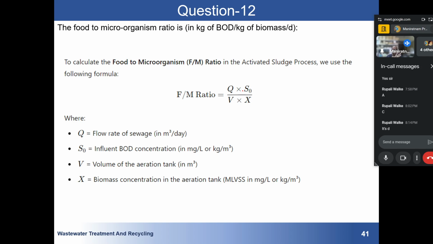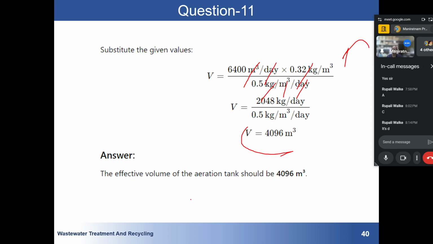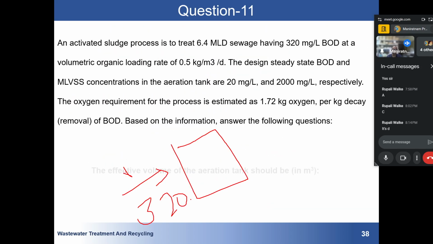We cannot measure directly how much organic matter is there. This is very general practice, BOD, COD. So we have measured BOD, and we have the volume of the aeration tank, and X is the biomass concentration in the aeration tank, or MLVSS, in milligram per liter or kg per meter cube. I think everything is given in this question.